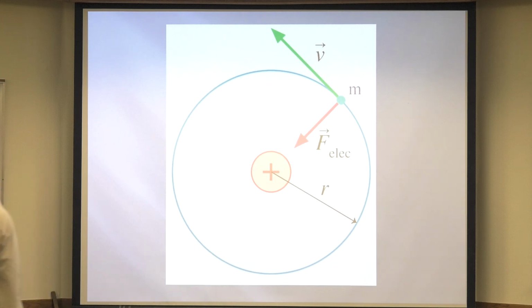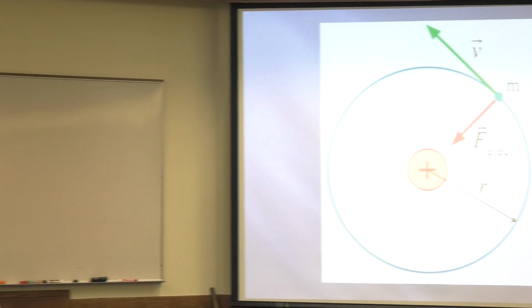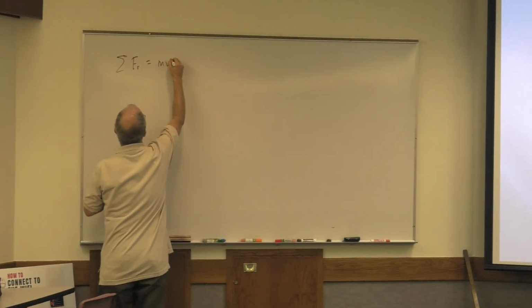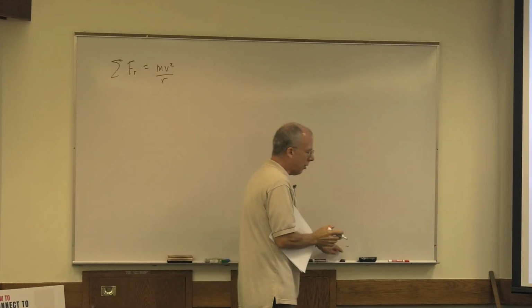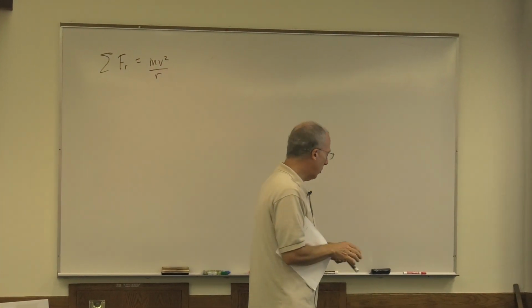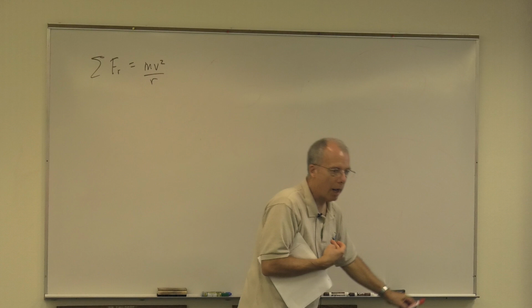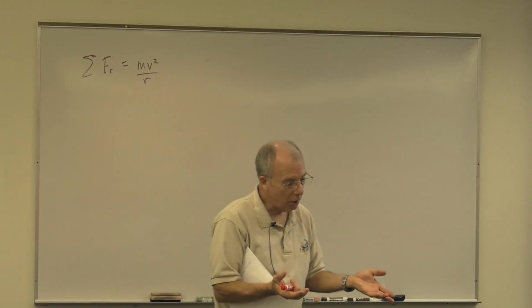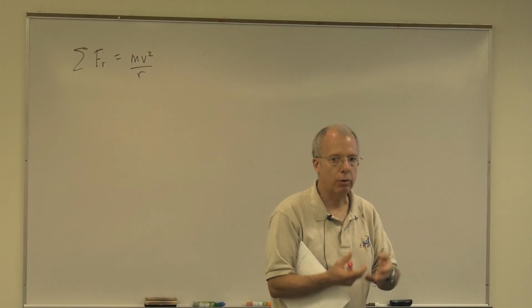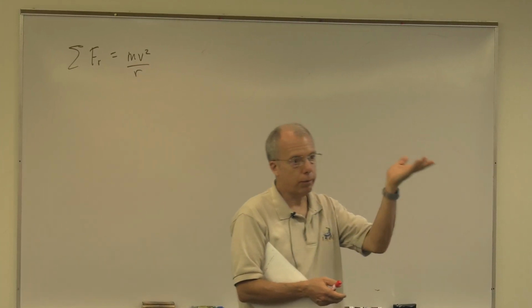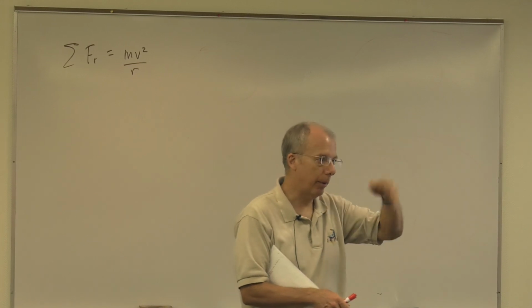For circular motion, the sum of the radial forces equals mv squared over r. That part is always true. But as we learned in 121, our job is to say what the actual radial forces are. Normal force, gravity, friction, who knows?